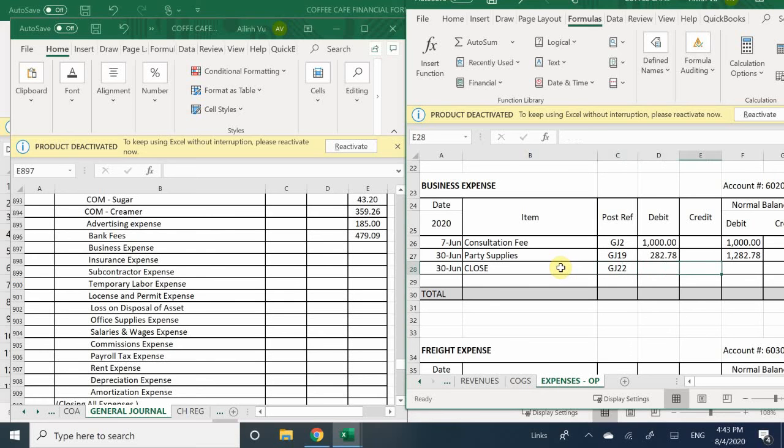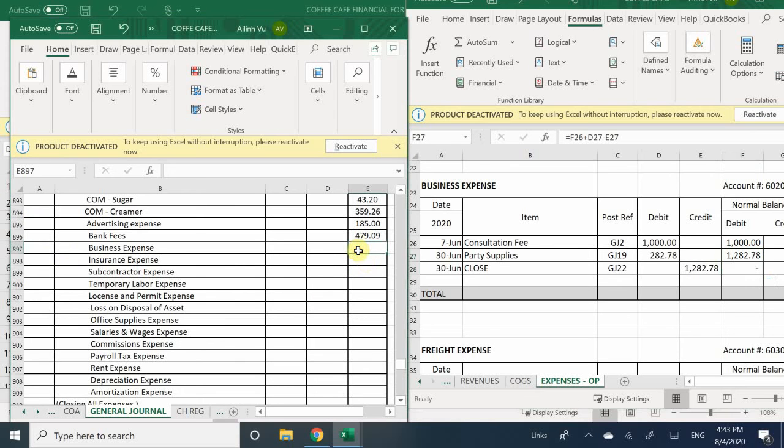All right, so I need to credit for $1,282.78. And if I pull this formula down, it should zero out. Good. So I'm going to recognize that here in my business expense for $1,282.78.